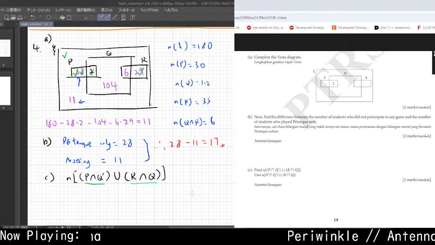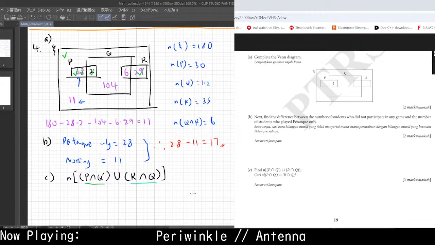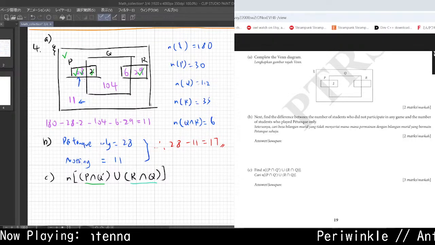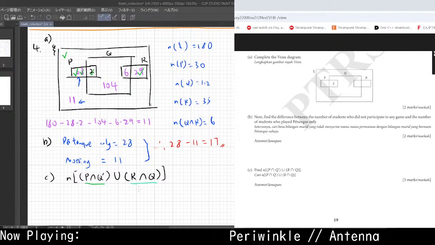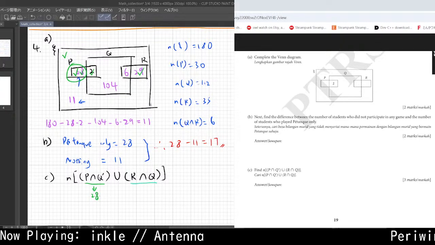So we want P to intersect with Q prime, and there is only one region that satisfies this condition, and that will be the box outside over here that has two green ticks. Therefore it will be this one over here, and therefore it will be 28. Okay, so this portion has 28 people.